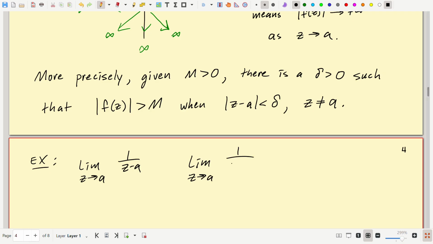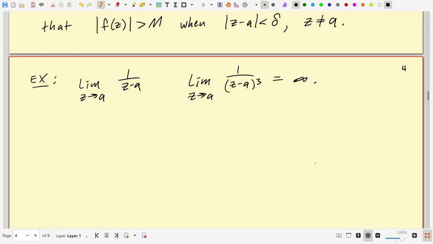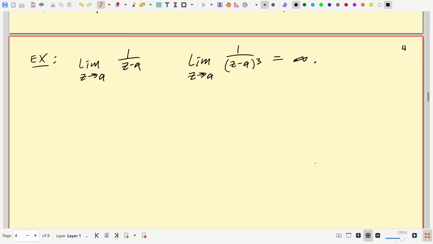So, for example, 1 over z minus a cubed is also the point at infinity in this sense. Okay, that's a formal definition. You don't have to have any feelings about it. It's just a formal definition. But people who study these things forever, like me, get a feeling about it. And the feeling was introduced by Riemann when he talked about something called the Riemann sphere.